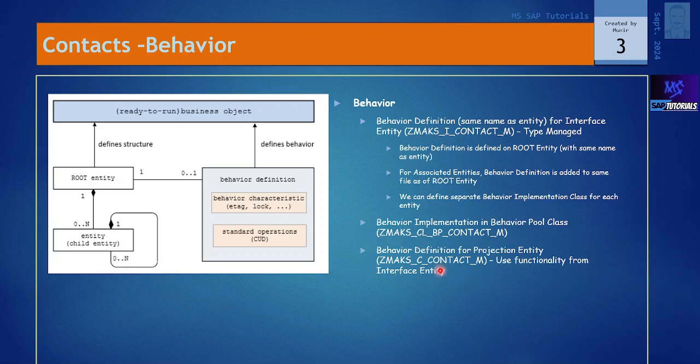I will also show you how you can expose only a few of the functionalities that you have defined, so that the end user will not get all the functionalities. So this will show you how you can limit your functionalities to be exposed.